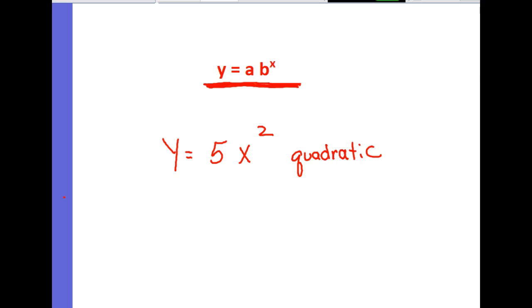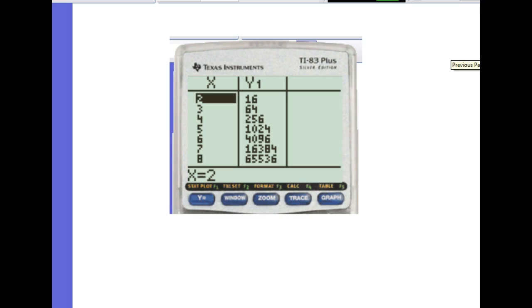The other day, I was unfortunately sick, and so I took some medicine, and the medicine killed the bacteria in an exponential manner. They were going away. And so exponential equations can get bigger or they can get smaller.